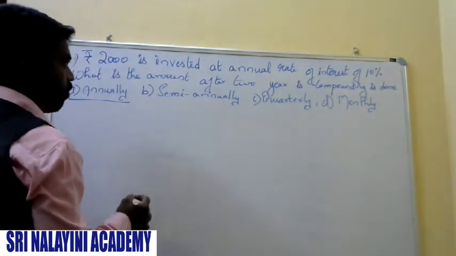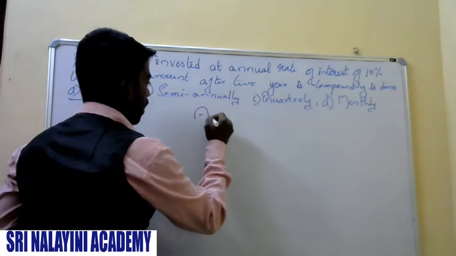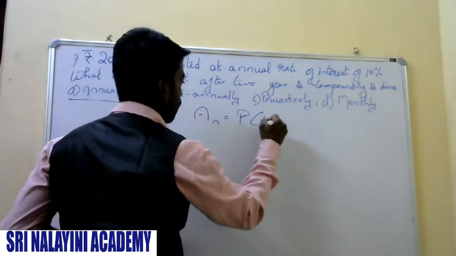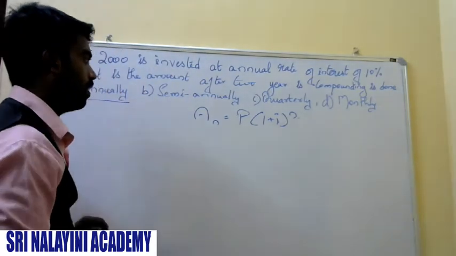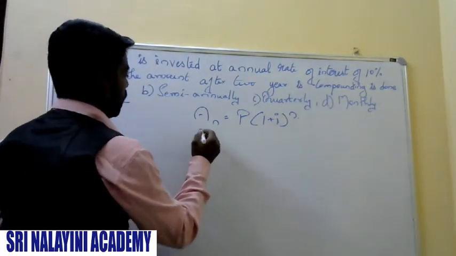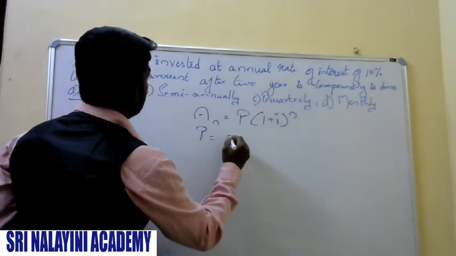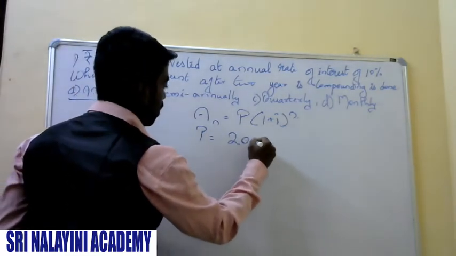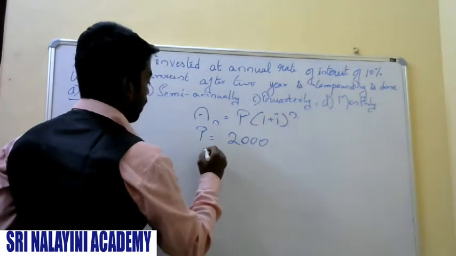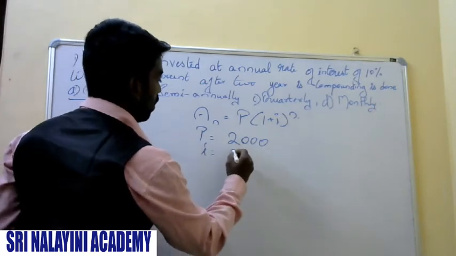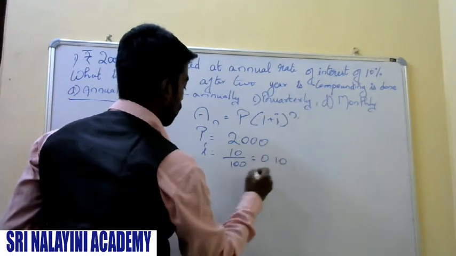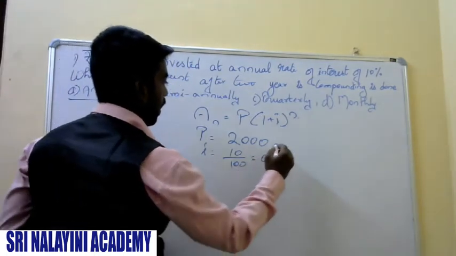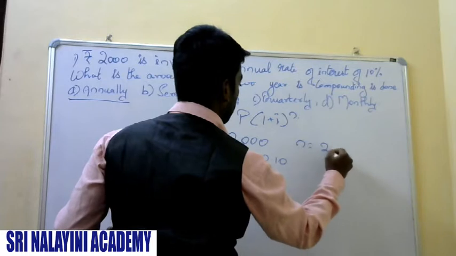What is the formula for compound interest? AN is equal to P(1 plus I) power of n. This is the basic formula. What is P? P is 2000, and I is 10%, 10 divided by 100, which is 0.10, and n is 2 years.